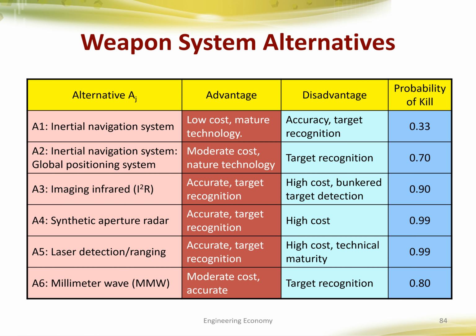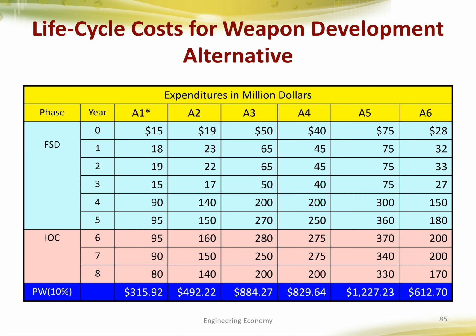So again, we can play with them and see which one will give us the best result, meeting our requirement. These are 6 different weapon systems. Basically they seem to be some navigation and guiding systems.